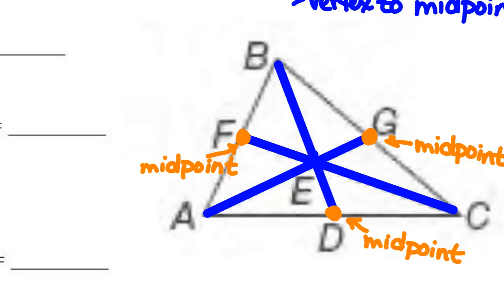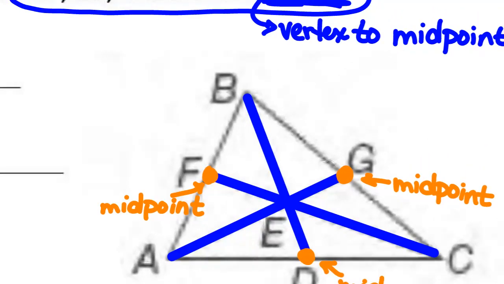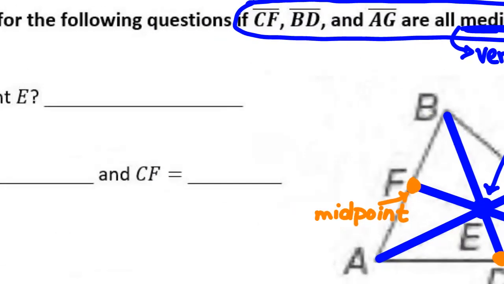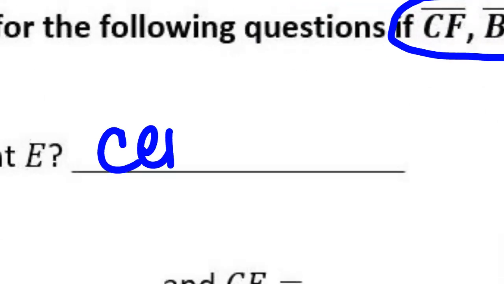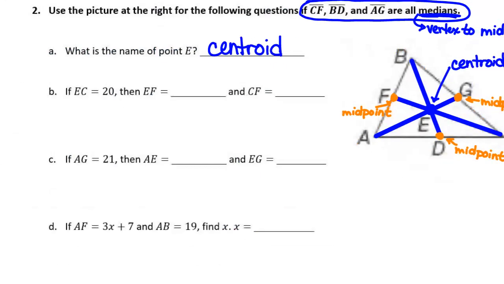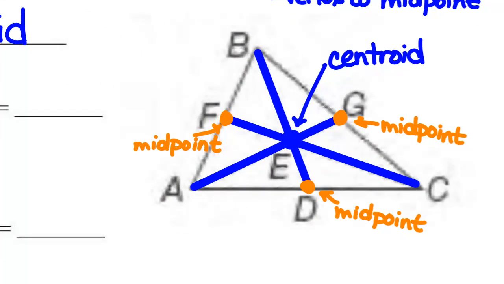What do we call the place where the 3 medians intersect each other? I'm sorry, I didn't hear. It's the centroid. That would be my answer to part A. That is the centroid. Something I forgot to mark on my picture.